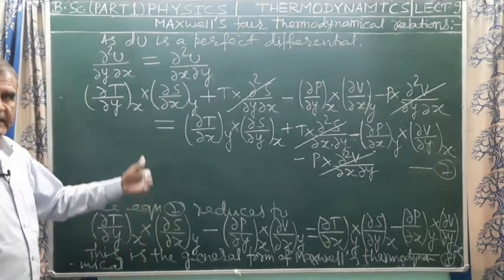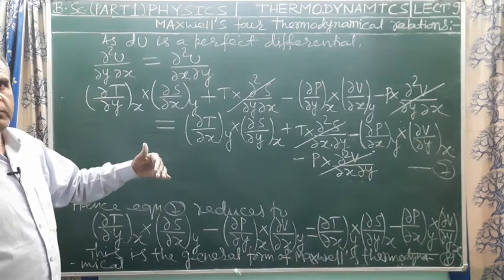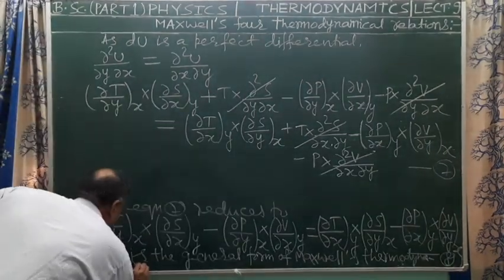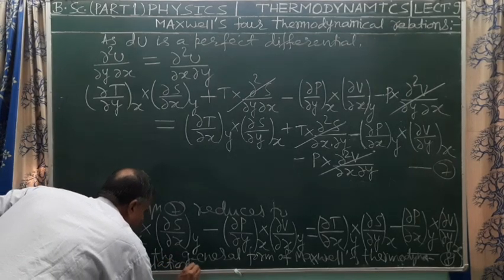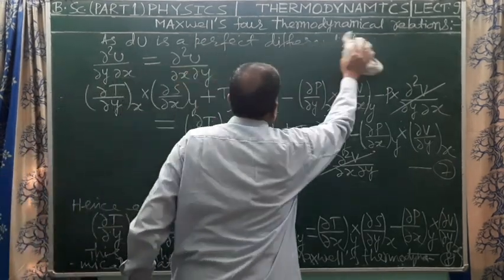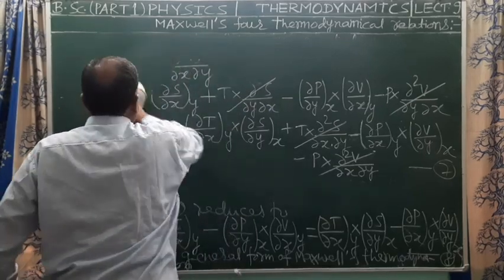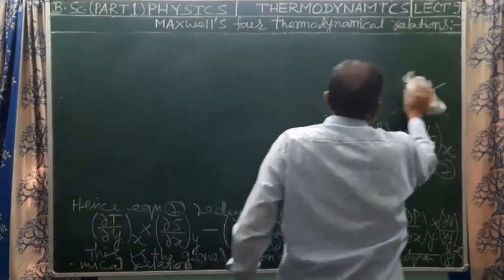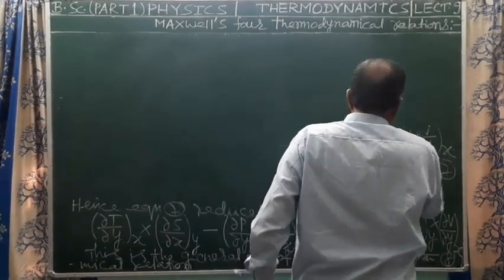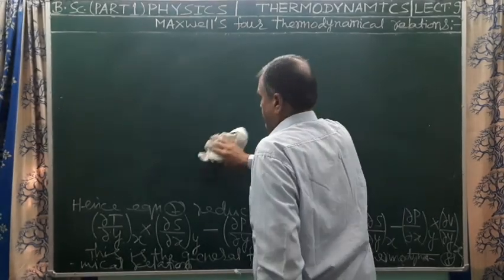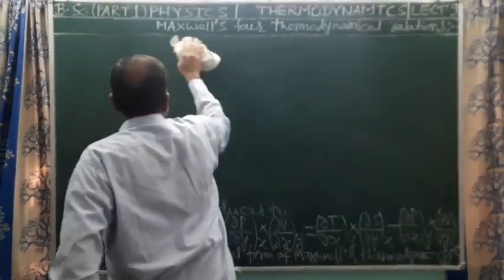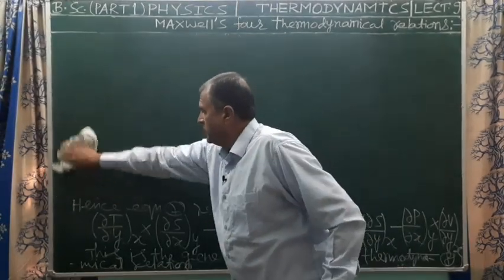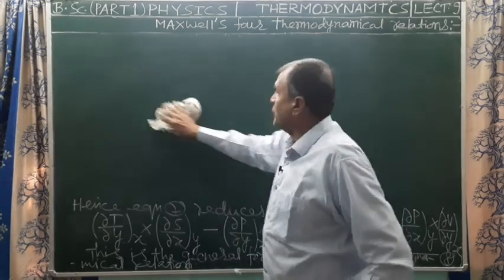यह बेस इक्वेशन है. इसके हेल्प से हम मैक्सवेल के 4 थर्मोडायनामिकल रिलेशंस को ऑब्टेन कर सकते हैं. To obtain Maxwell's 4 thermodynamical relations, we have to use 4 sets of 2 variables each.